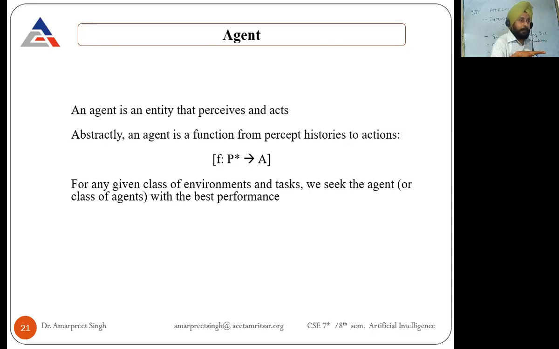Abstractly, an agent is basically a function from percept histories to actions. After perceiving that something is happening, something is going on, suppose you get the smell that something is burning around you. If you have perceived that smell of burning, obviously you will not just sit.